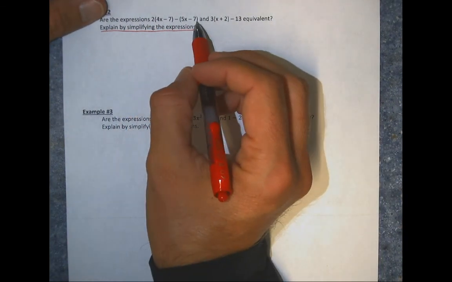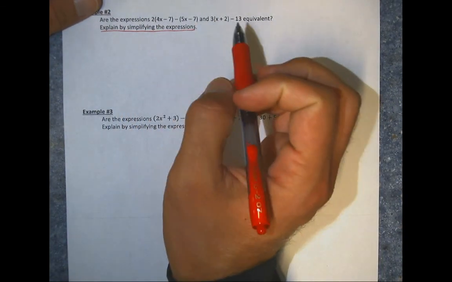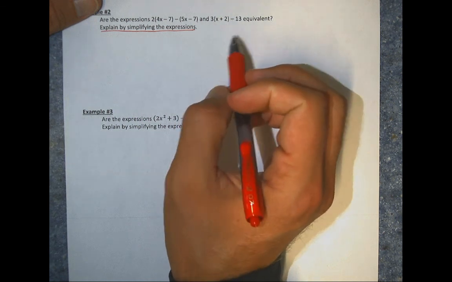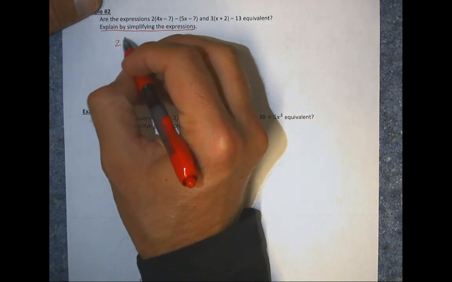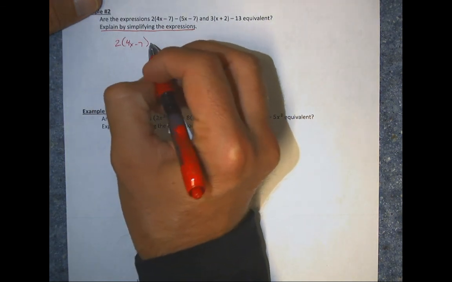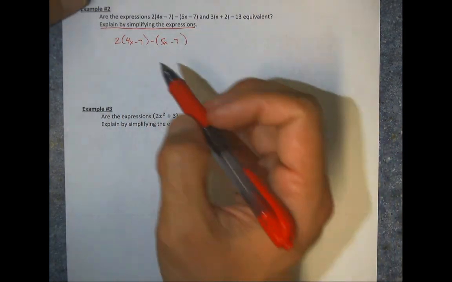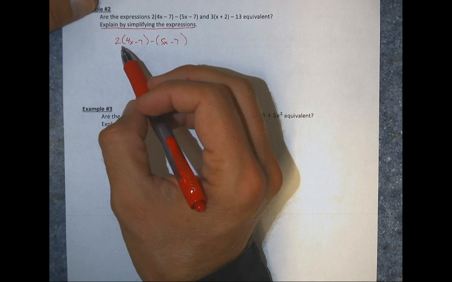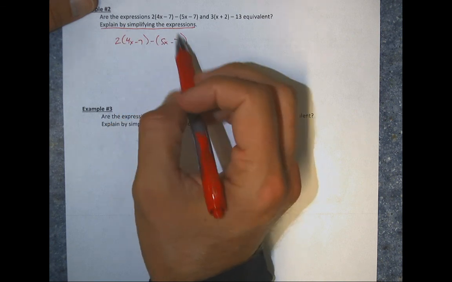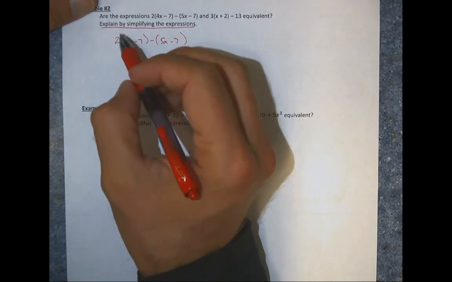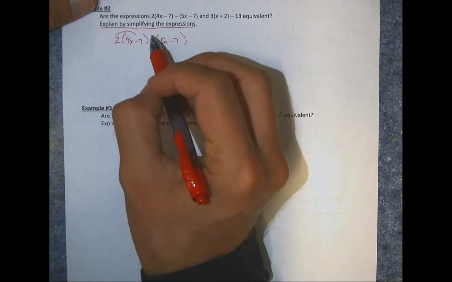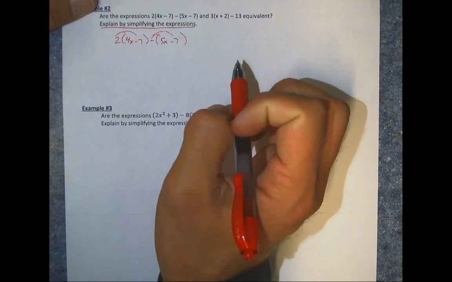So we're going to use a different strategy to prove that these are equivalent. So we're going to simplify this completely using all our tools, the distributive property, same thing here, and see what we get. So 2 times 4x minus 7 minus 5x minus 7. If I'm going to simplify this, I have got 2 little distributive problems to do. The 2 is going to get distributed here, and this negative is like a -1 that's going to get distributed.